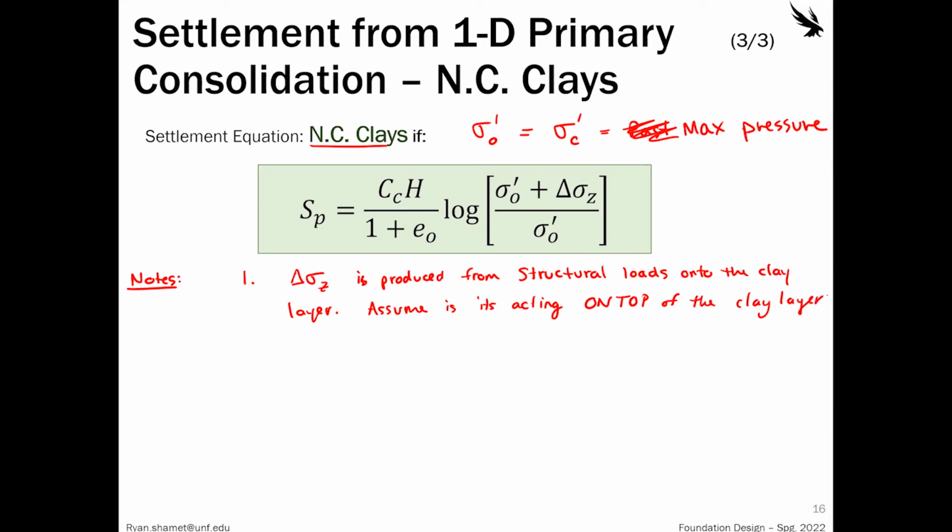So we know delta sigma Z will diminish in value with depth. So this is actually a conservative estimate, right? This is because if we take that maximum delta sigma Z at the top of this ground surface, just draw a little picture.